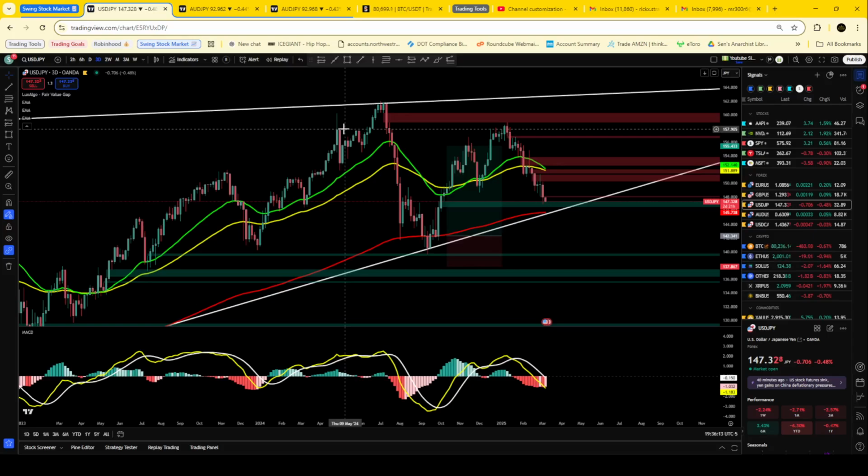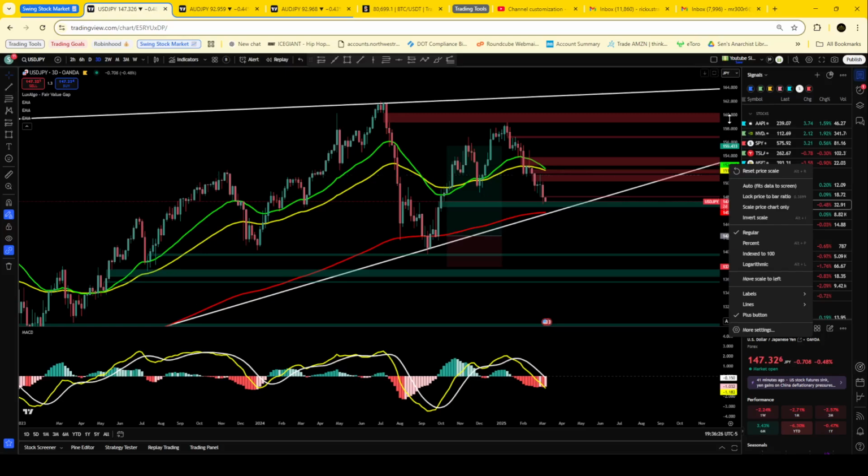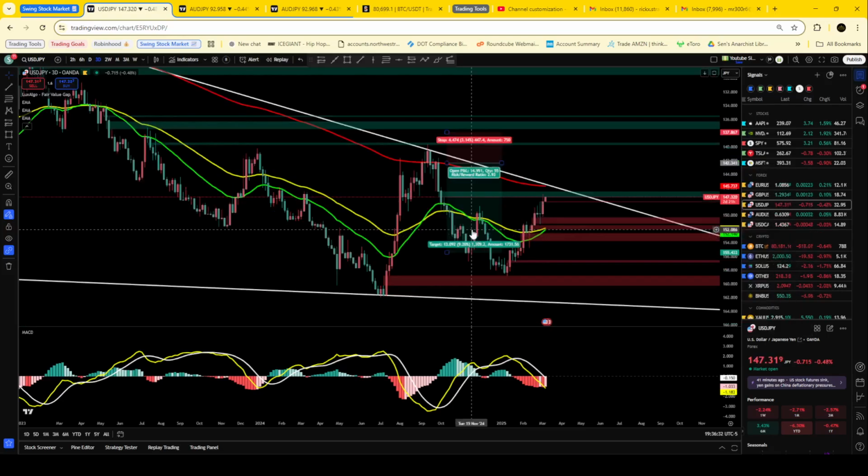So back to what I've just learned, probably in January. I just learned how to use it, should I say? So you right click the price bar. You go to invert scale. This was a game changer for me.